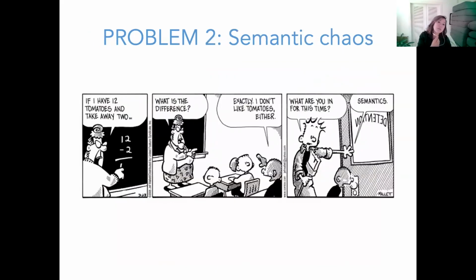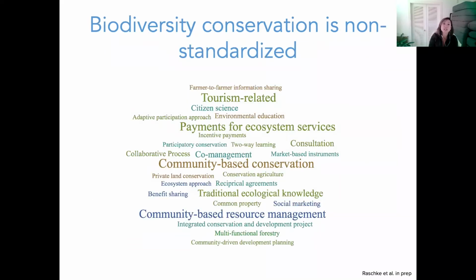And the second problem is when we have situations where we have really variable semantics or variable terminology, it becomes harder for algorithms to predict relevance or predict the types of topics it might be about. So in conservation, this is particularly a key issue because new terms are often created with very little standardization about what they mean or clear definition boundaries between different terms.